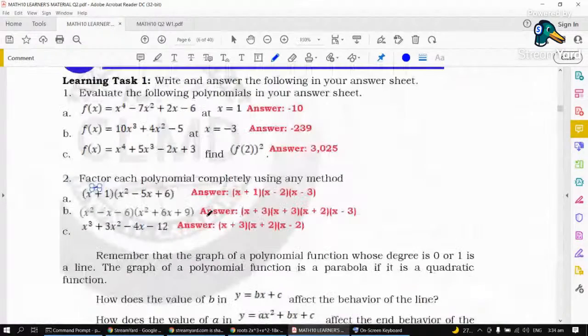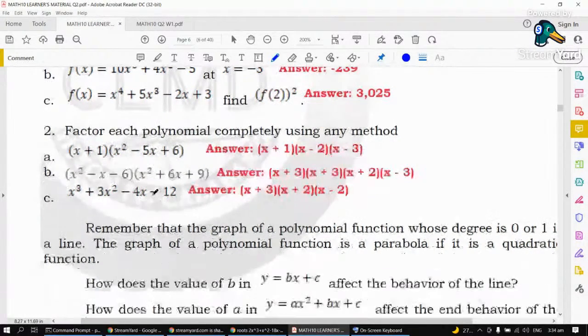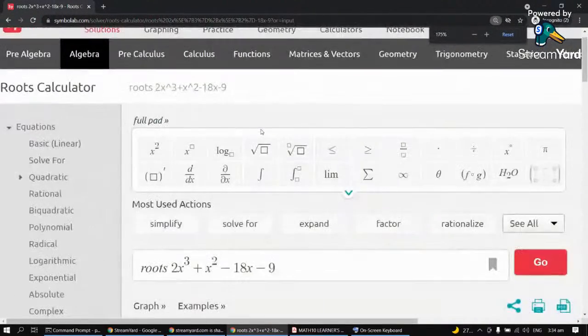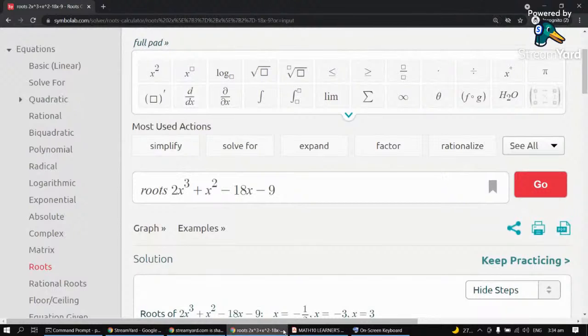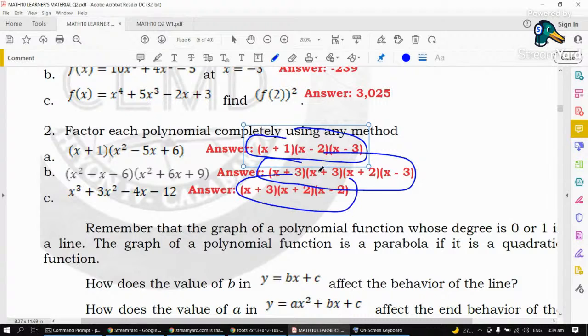So, hindi na tayo masyadong specific dito kasi napag-aralan na natin yan. Discuss muna natin yung mga hindi pa natin napag-aralan. So, itong tatlong to, kapag in-enter natin sa roots calculator, yan ang magiging sagot.